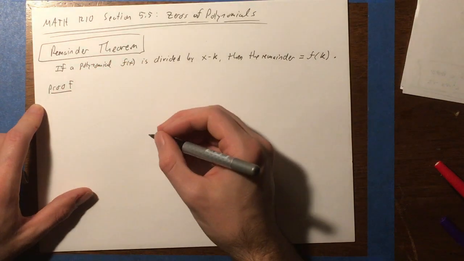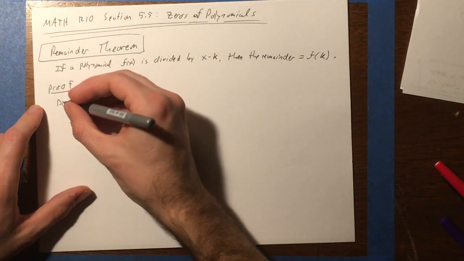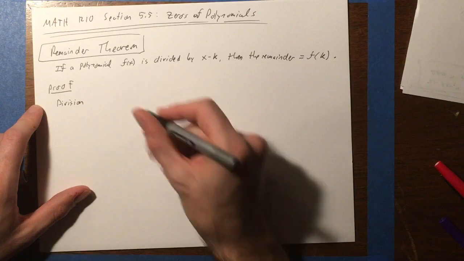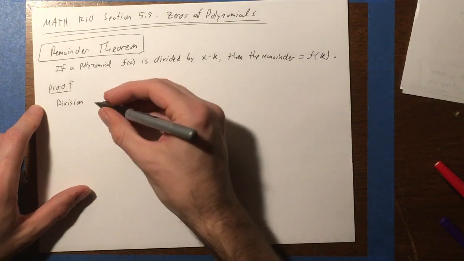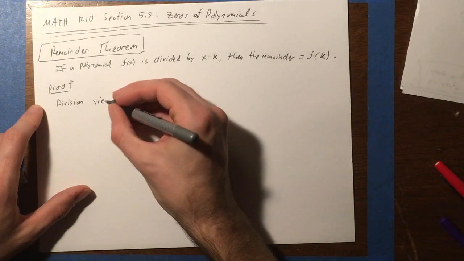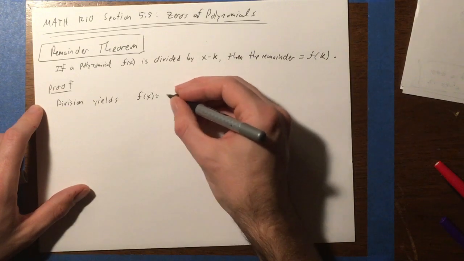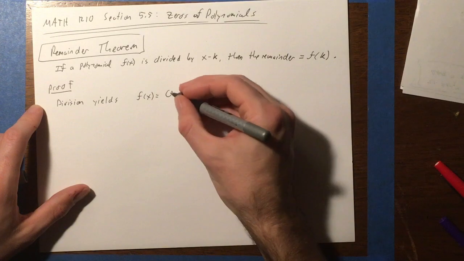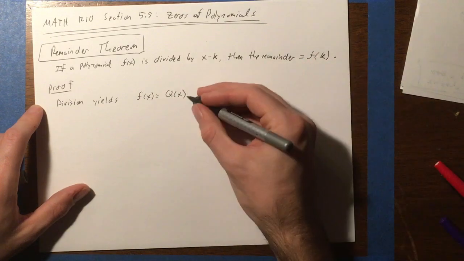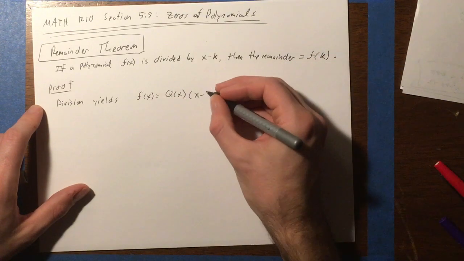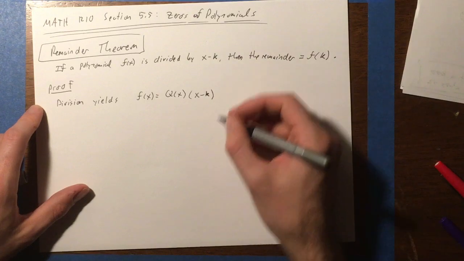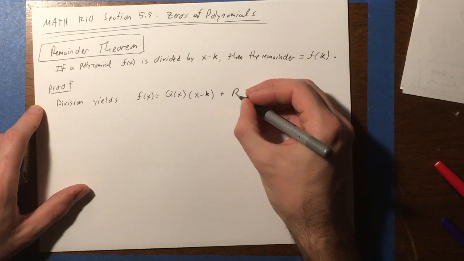Why is this true? Well, when you do that division, f of x divided by x minus k, it will yield something of this form. f of x equals q of x, the quotient, multiplied by x minus k, because that's what we were dividing by, that's the divisor, and then plus r.